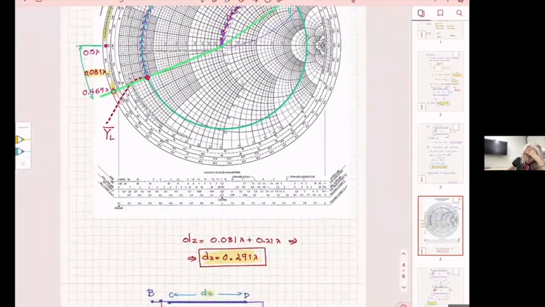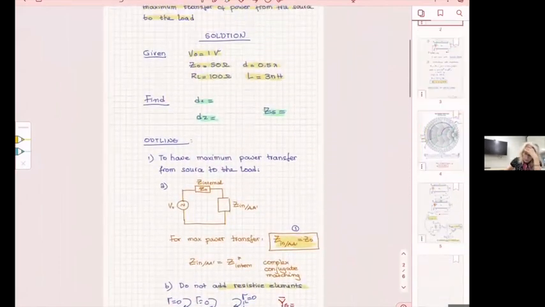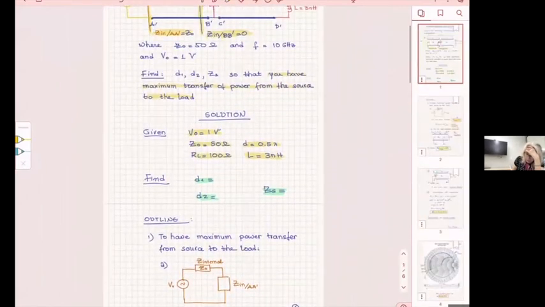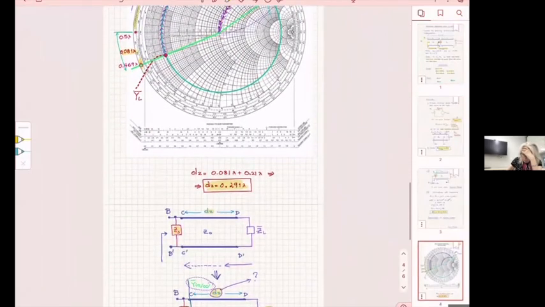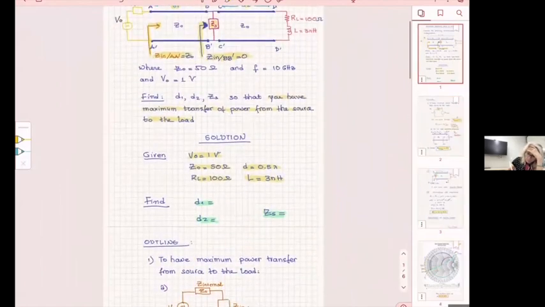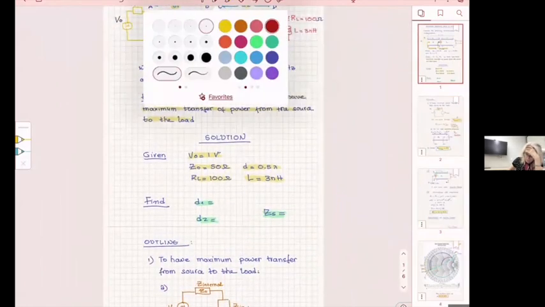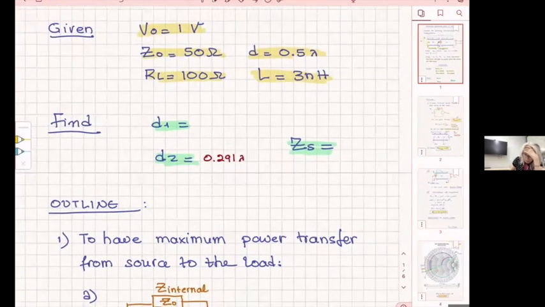All right, so practically now I found everything that I needed. I needed to find d1, d2. I found d2, I need to remember how much it is, 0.291 lambda. I found that.